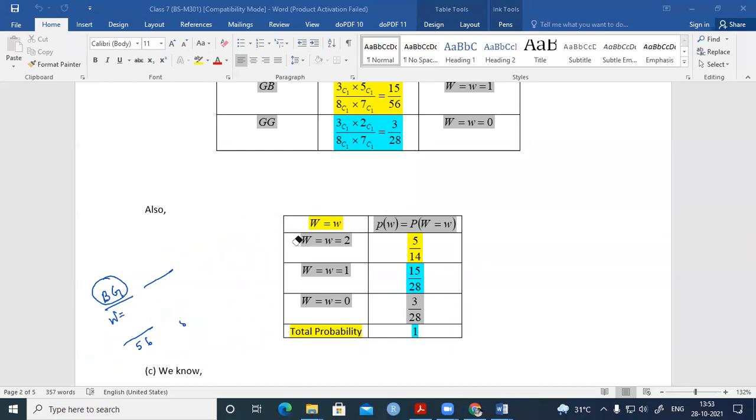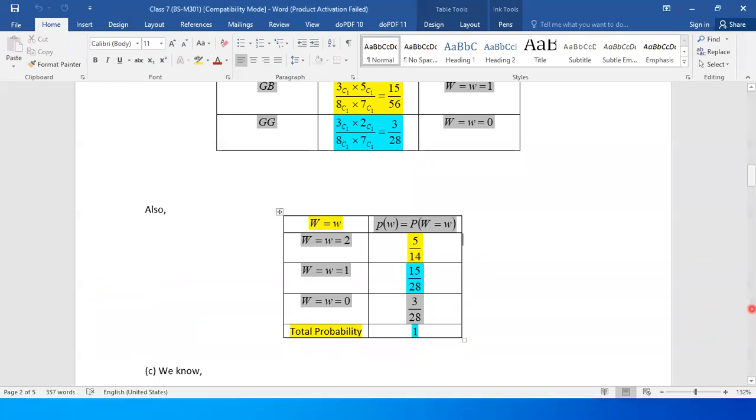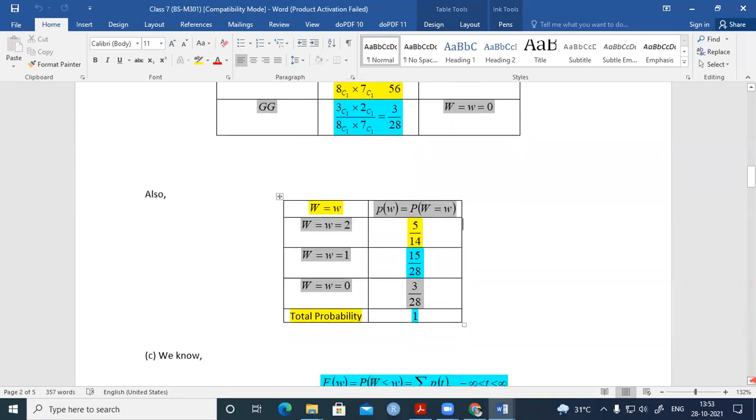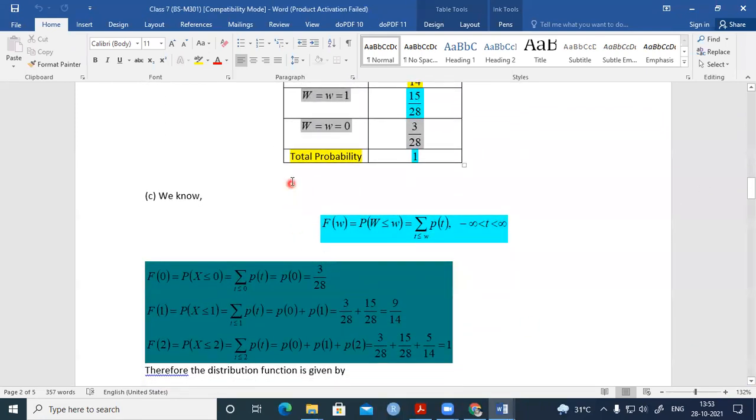Now, once we have this, then we are in a position to find out the distribution function. To find the distribution function, first of all, we need to apply the formula.